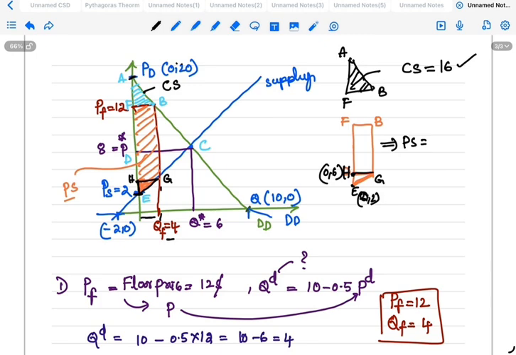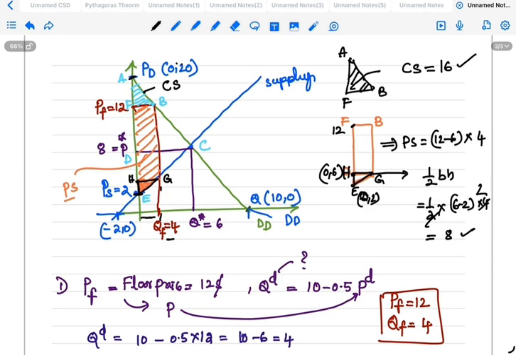This area is half base times height, and this area is a rectangle, length times width. For the rectangle, this is H, this is 6, this value is 12, so 12 minus 6 times 4, which is 24. For the triangle, half times base, 6 minus 2, so the height is also 4, half times 4 times 4 minus 2, which is 8.